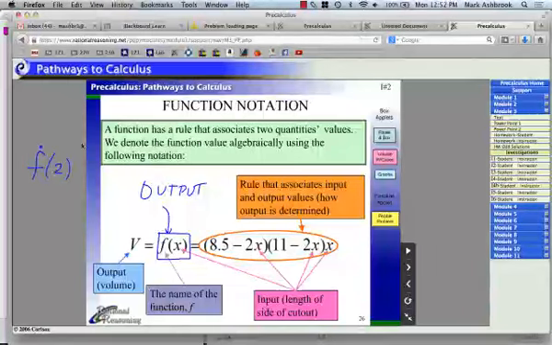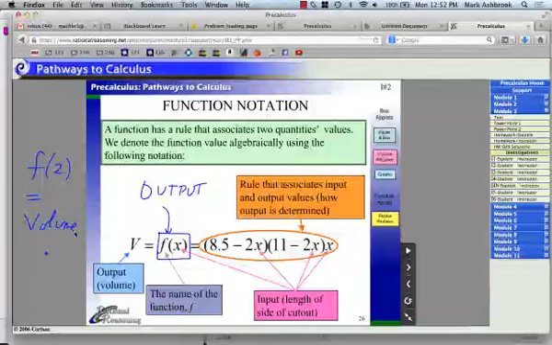When you see that whole thing, what does it represent? Does this represent a square cutout of 2 inches? No. Does it represent a volume equal to 2? No, it equals a volume. What volume does it equal? When the cutout has a side length of 2.